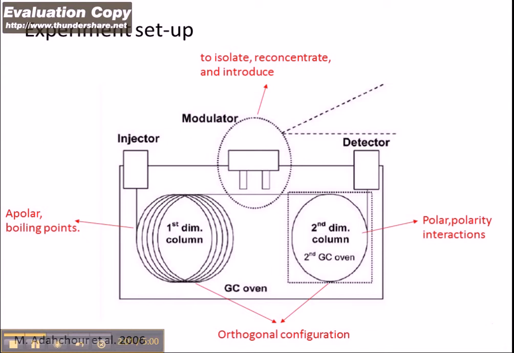When the sample is injected into the second column, it is more completely separated, because this column is polar, and the separation is based on the different polarity interactions. So this kind of two-dimensional column is called an orthogonal configuration.